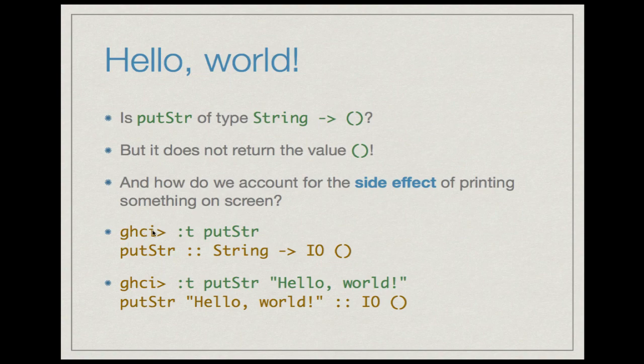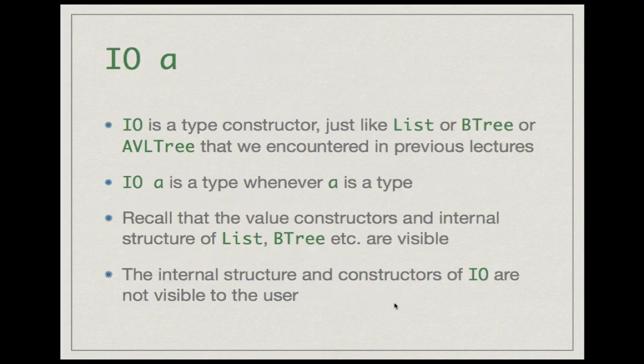If you actually type :t putStr in GHCi, you will see that GHCi says what the type of putStr is. The type is String arrow IO unit. If you check what the type of putStr "hello world" is, you will see that the type is IO unit. So what is this IO?